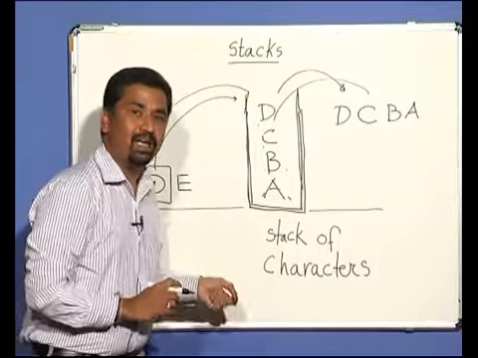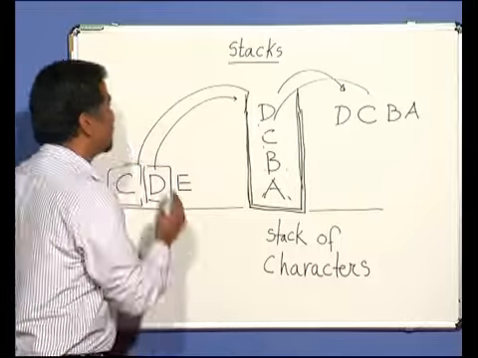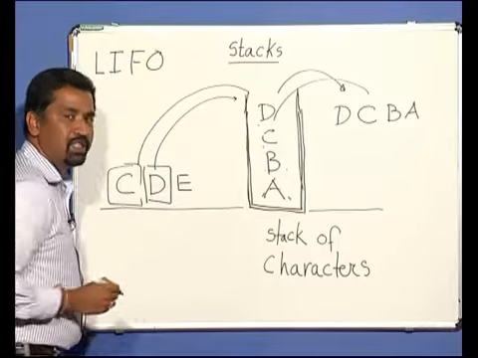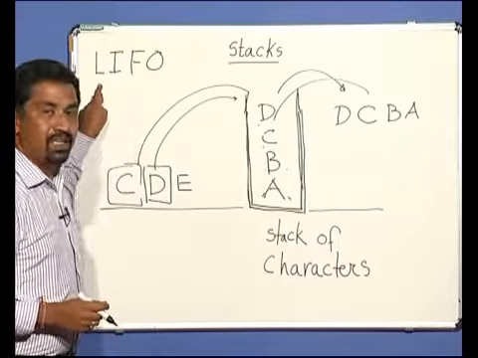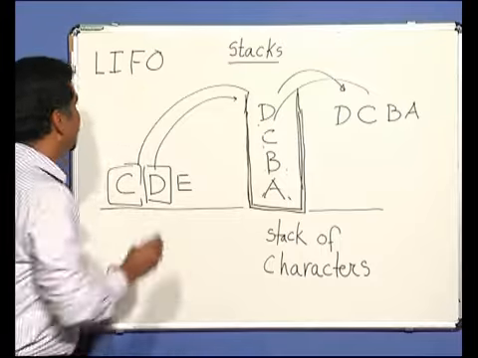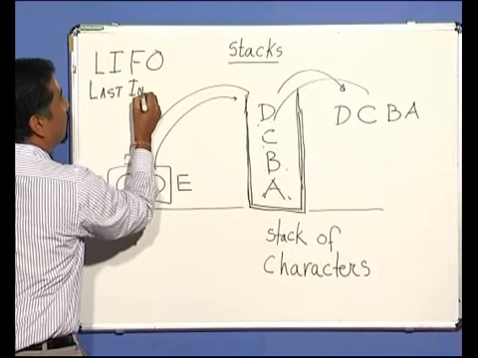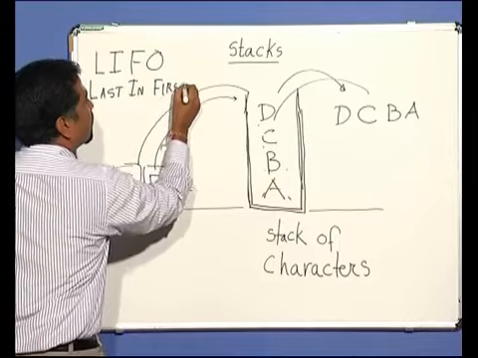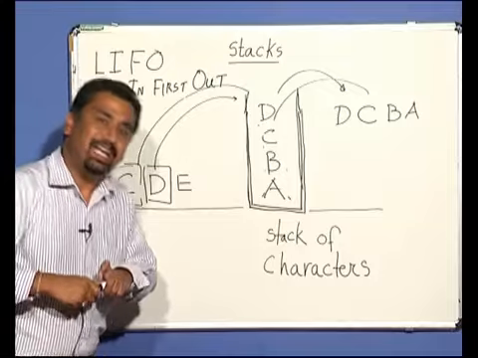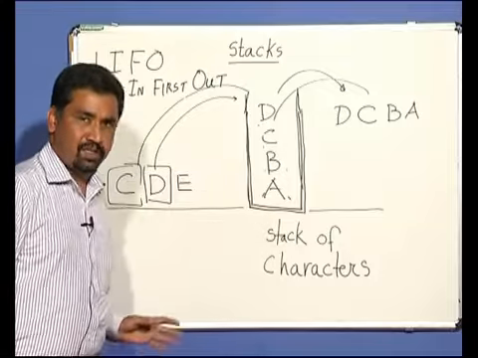That is the reason why the stack is generally referred to as a last in, first out structure. LIFO. L stands for last, I stands for in, F stands for first and O for out. I will just write it here. This is last in, first out. So whatever item gets into the stack last will get out first.